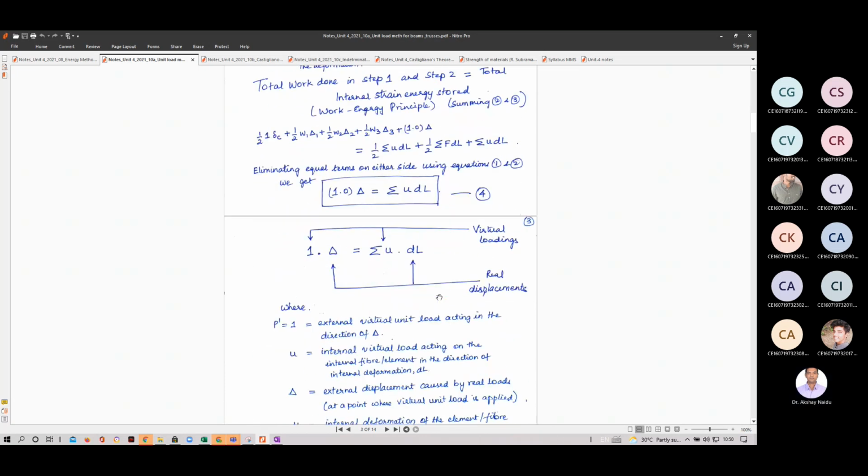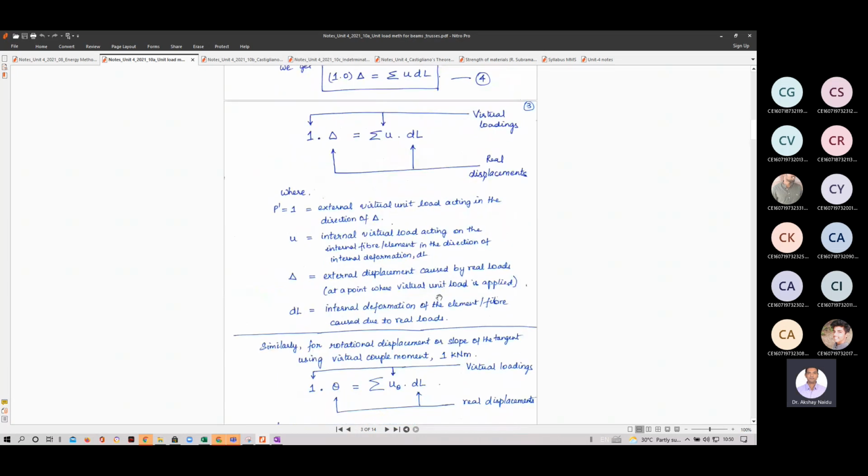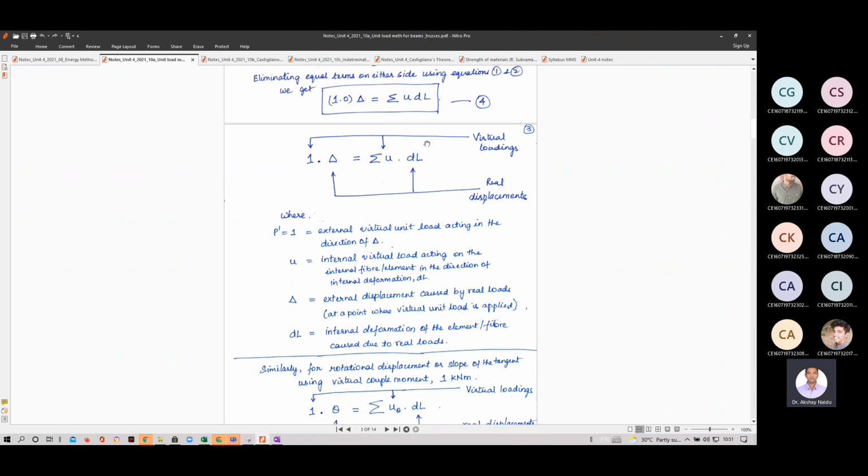Even if you don't understand the proof, this you have to understand, very, very important. Unit load multiplied by the deformation at that point due to the external applied load is equal to sigma of internal forces times dl. So work done here is the strain energy stored within the body.